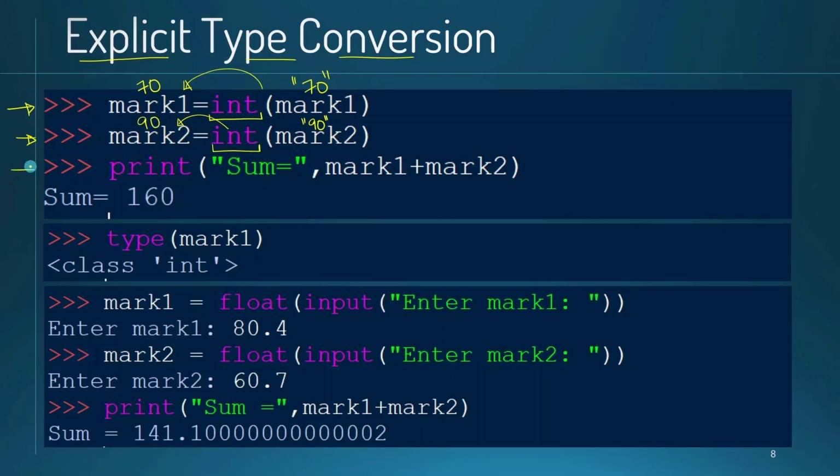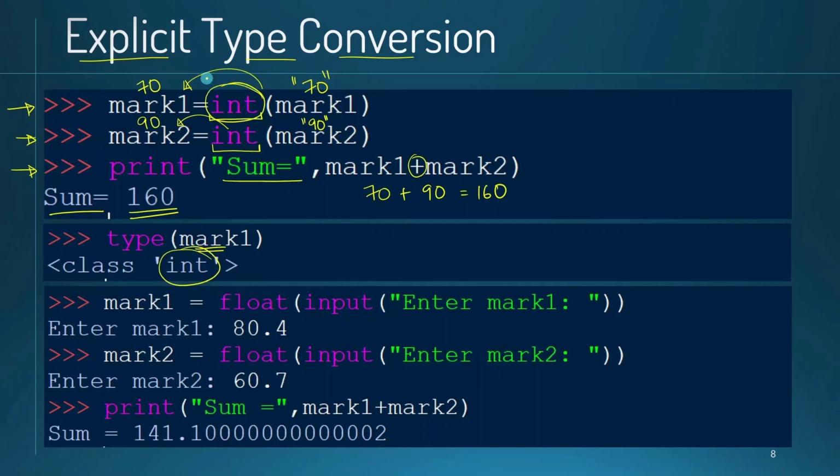After that, when you print sum equal to, that will be printed, and after that mark 1 plus mark 2. Right now mark 1 and mark 2 are integers, so this plus will work as an addition operator. So 70 plus 90, the result will be 160, and that will be printed out. After that, if you check the type of mark 1, you can see it has changed to int.